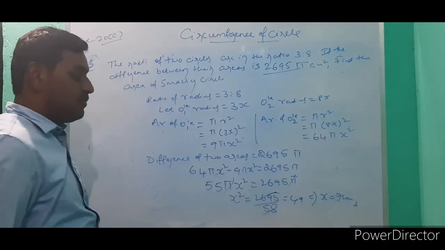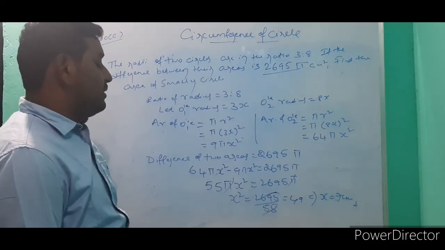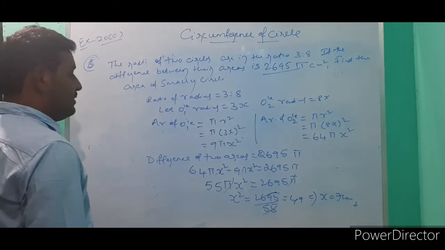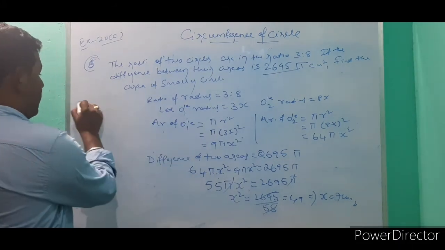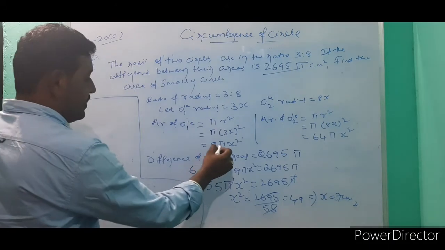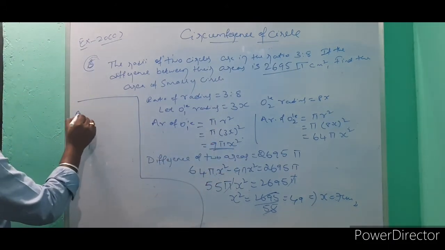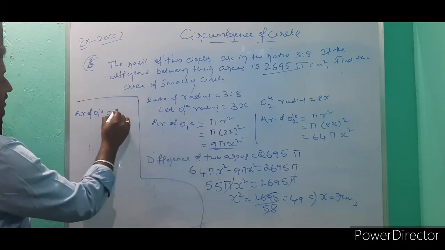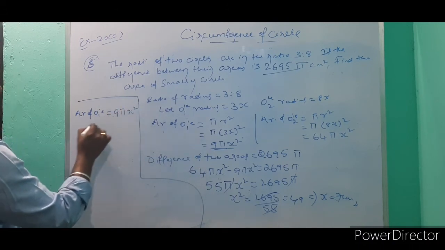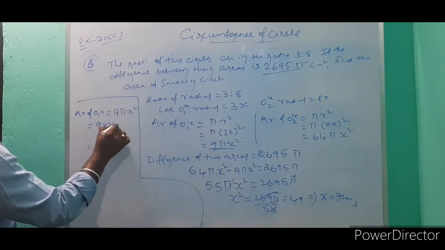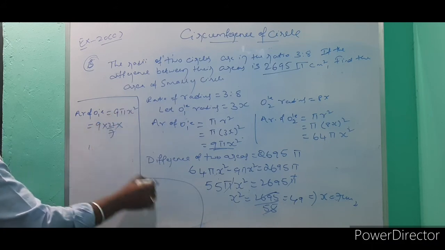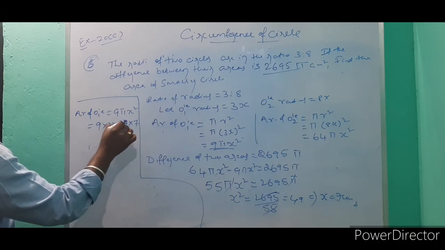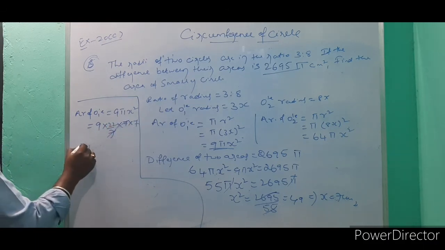After removing the square, the square root is 7 centimeter. Then you have to find the area of the smaller circle. Here, the area of circle 1, that is only the smaller circle, is 9 pi x square. Pi value is 22 by 7. The x value we already found out, 7 into 7. One 7 gets cancelled.